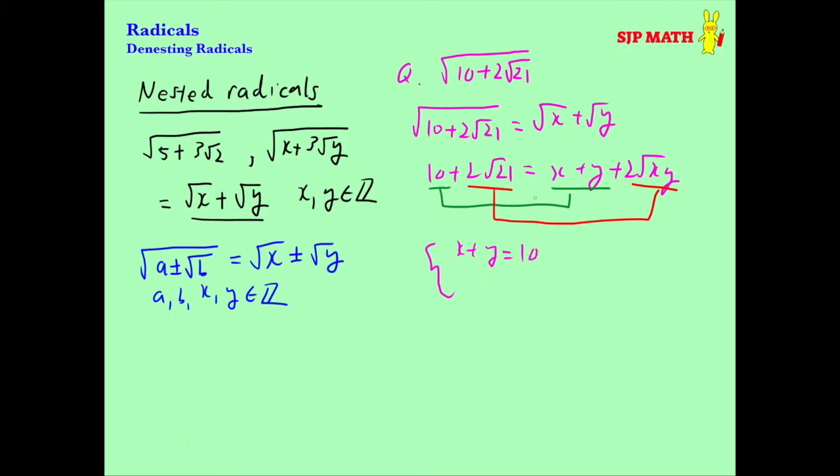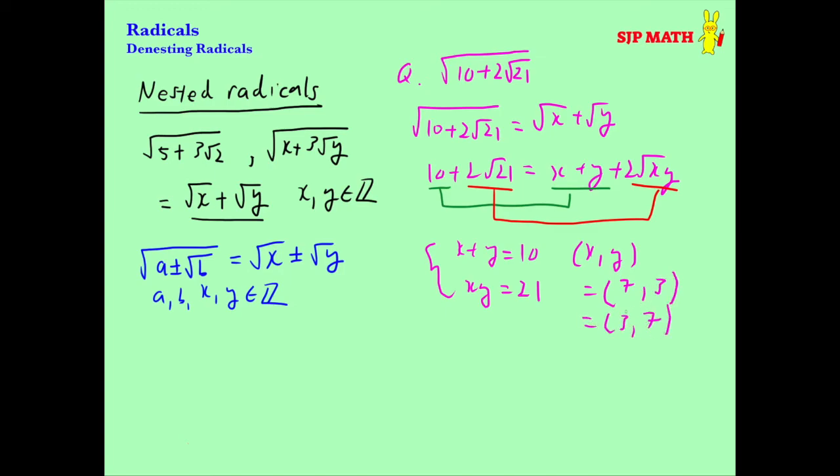I'll just do it straight away, because 2 root 21 is equal to 2 root xy, so xy is equal to 21. And then a solution would be x, y equals 7, 3, or 3, 7.